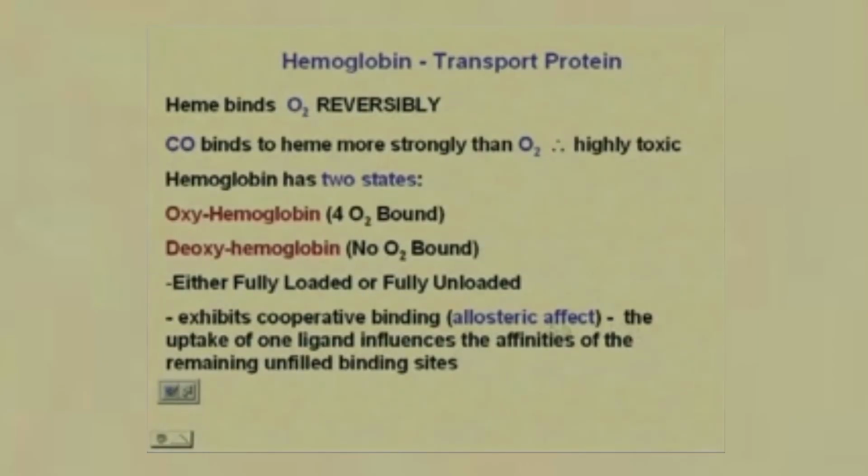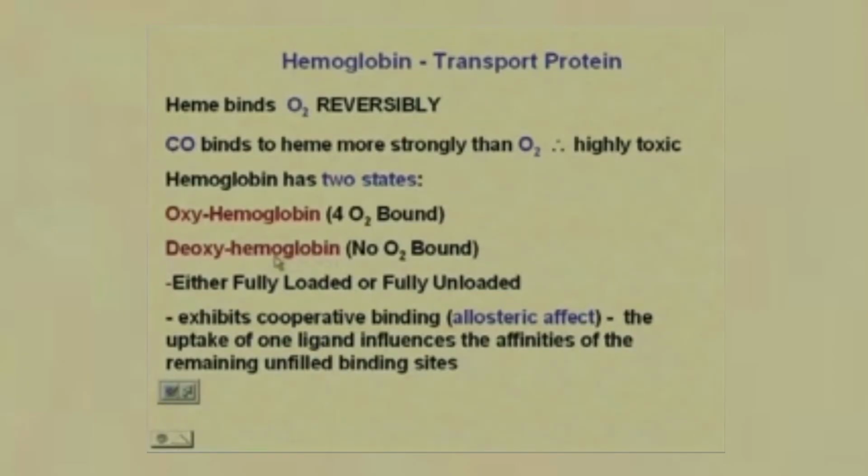It is something that I mentioned last time, what is called an allosteric effect, where the uptake of one ligand, that is one oxygen molecule, is going to influence the affinity for the binding of the other oxygen molecules. So it is going to help or facilitate the binding of the other oxygen molecules. So what we have is a reversible binding of oxygen to give 4 oxygen bound in what is called oxyhemoglobin.